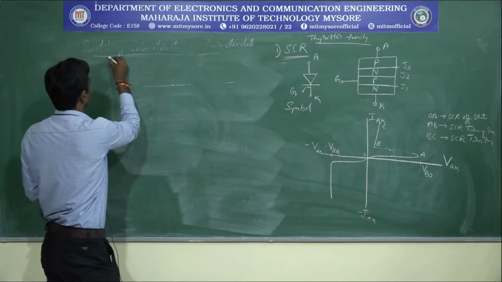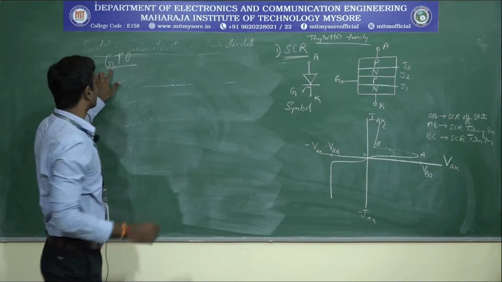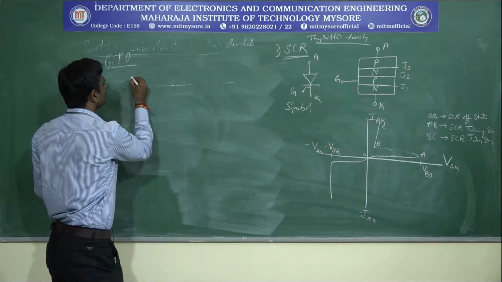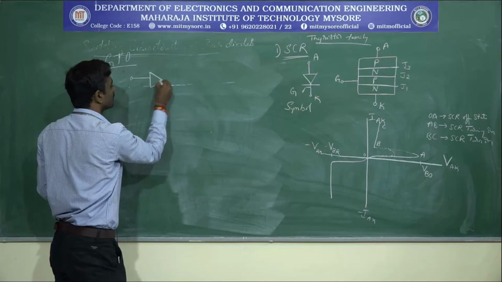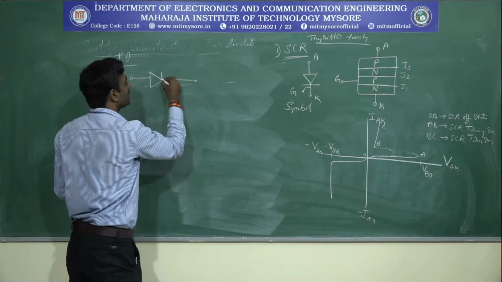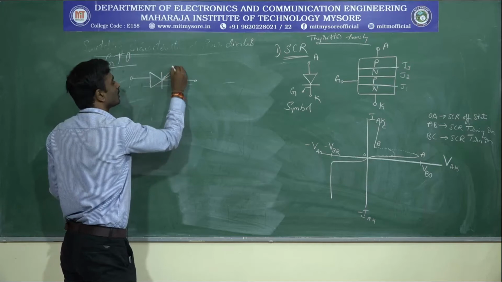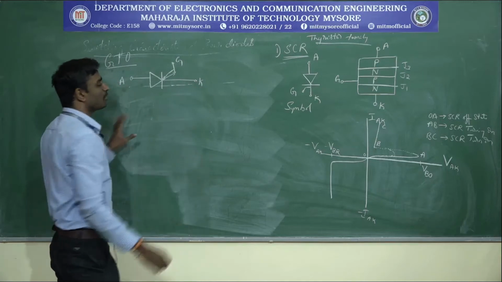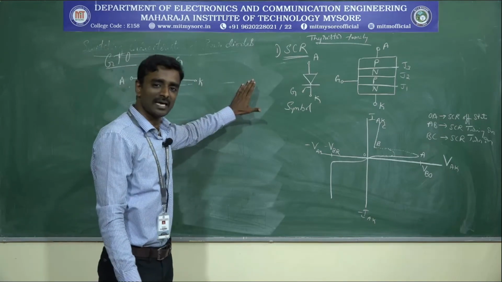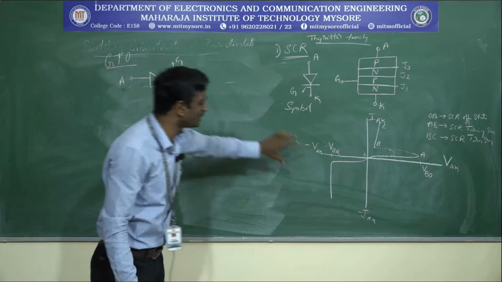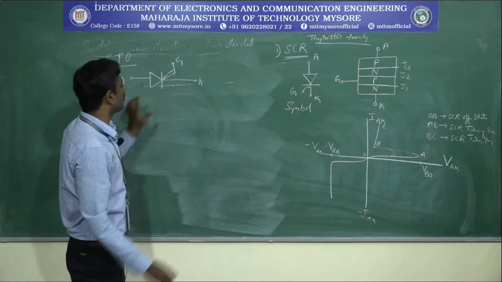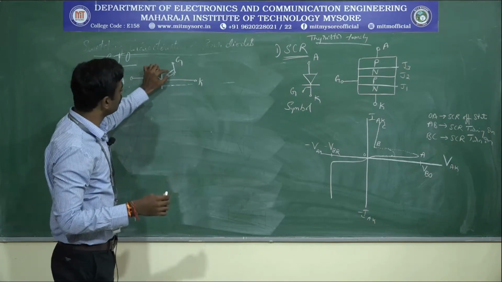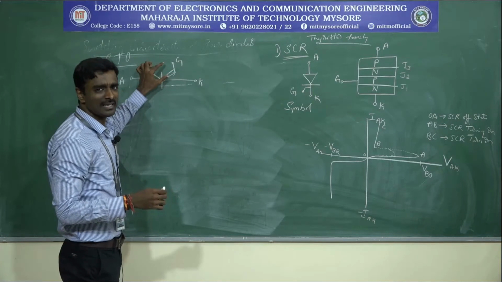If you consider the symbol, it will be similar to the SCR, with an anode and a cathode, and it works similarly to your SCR, with similar VI characteristics. The only variation in the symbol is that at the gate terminal, you will have two arrows marking the gate terminal here.